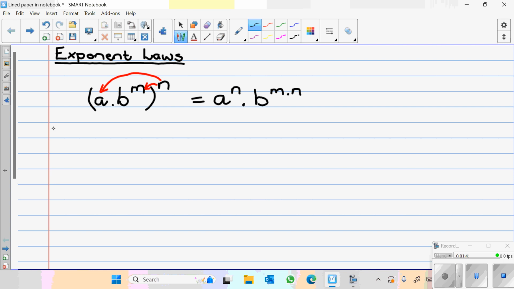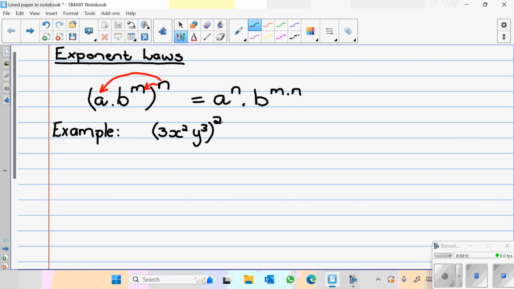Let's say I give you 3x squared y to the power of 3, all squared.